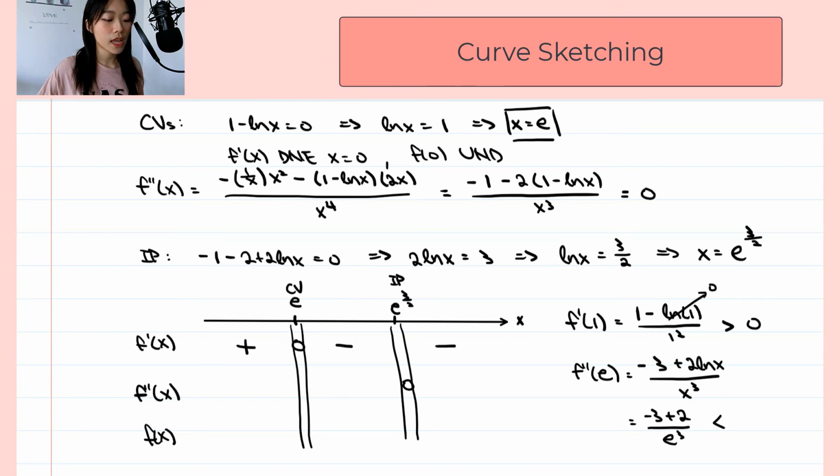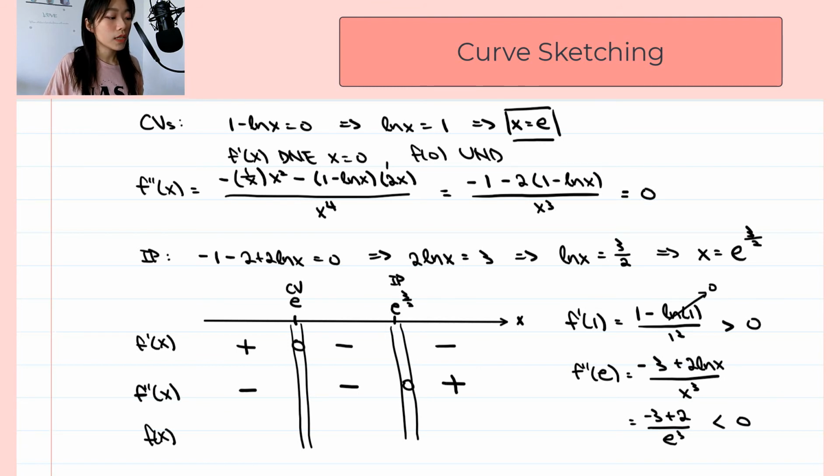And this is negative. So over the interval when x is smaller than e to the power of 3 over 2, the second derivative is negative. And similarly, you can substitute any number for the other interval, and you'll find that the second derivative is positive over this interval.